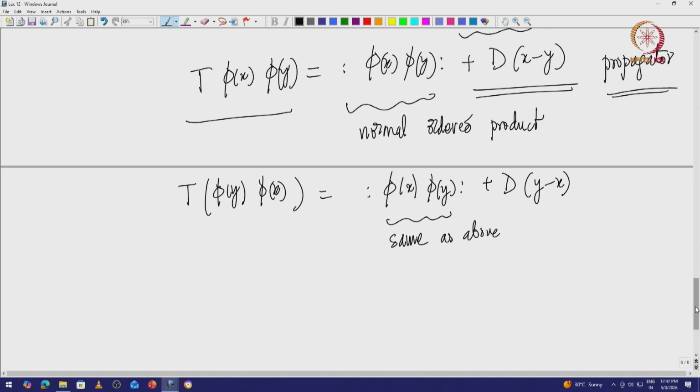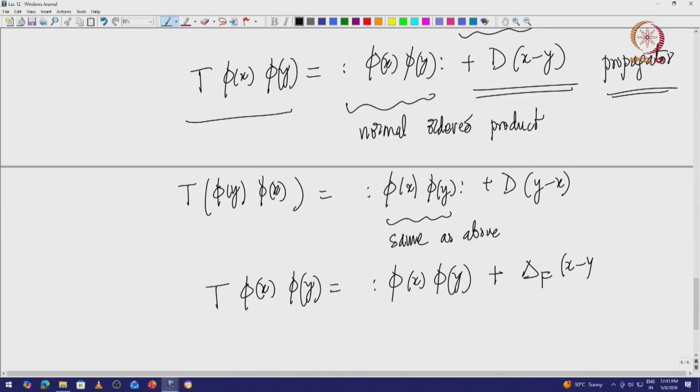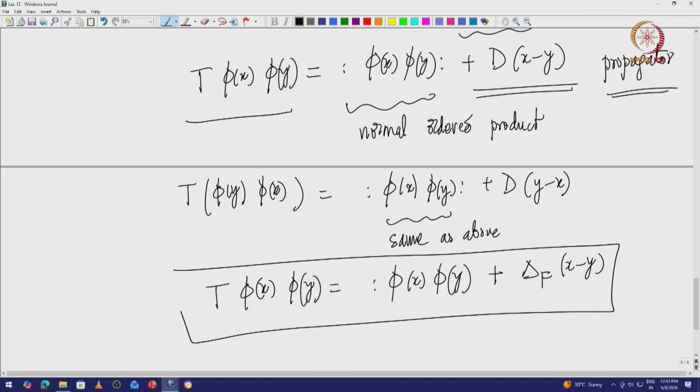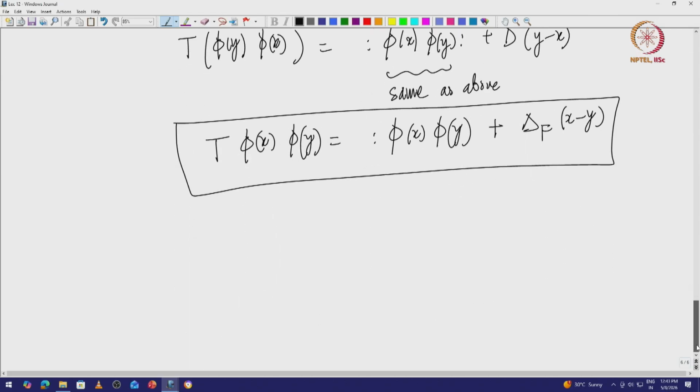So finally what we have is the time ordered product of pi x pi y is equal to the normal ordered product of pi x pi y plus Delta F of x minus y. So this is the relation between the time ordered product and the normal ordered product.